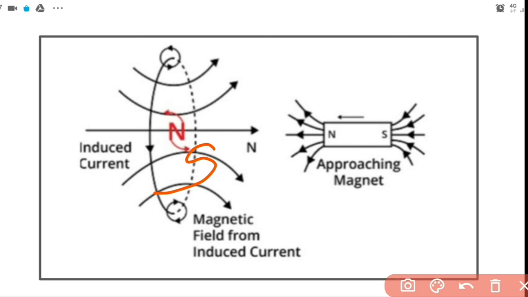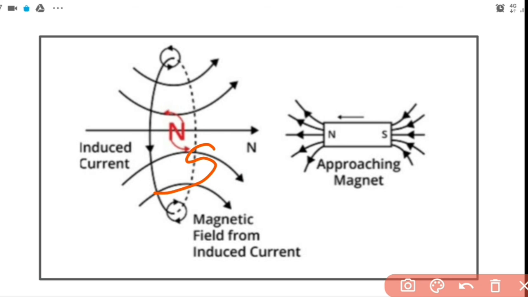So I repeat, if we think about the reverse case, we already discussed how to find the direction of induced current. But if it is the other way, that means because of the approaching north pole of the bar magnet, if a south pole is produced on the side of this wire loop, that south pole will be attracting this approaching bar magnet.